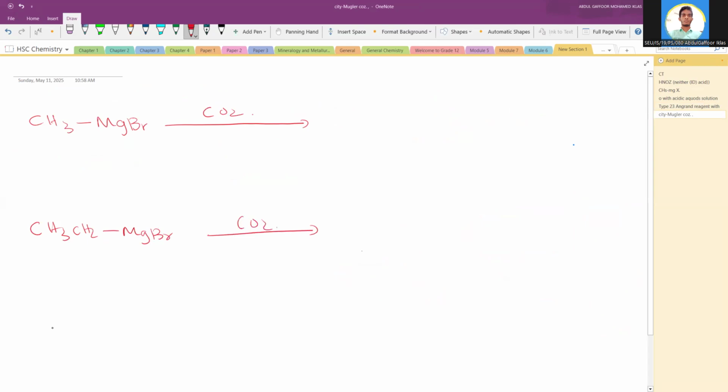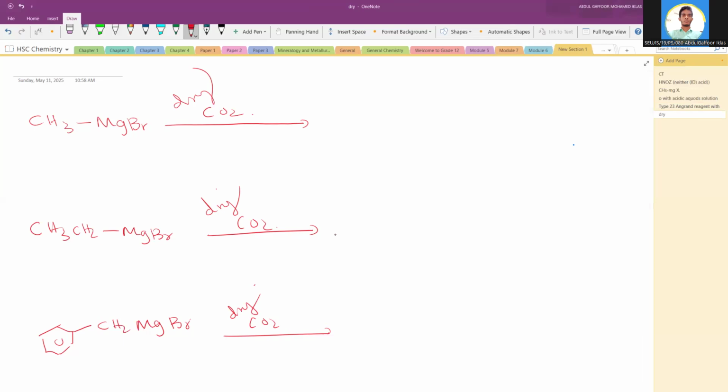And again, let's say we have benzene CH2MgBr and we put dry CO2. These are all dry CO2. Can you try to draw the outputs on the screen, or you can draw the yields on a piece of paper and send me as well.